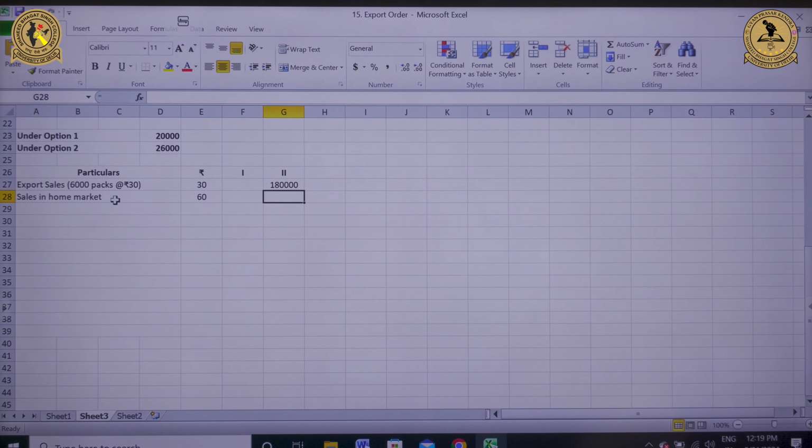For the sales in home market, it is rupees 60 per pack. So equals to 60 multiplied by 20,000. I need to apply the same function here as well, equals to 60 represented by E28 multiplied by again 20,000. It comes out to be 12 lakh rupees.